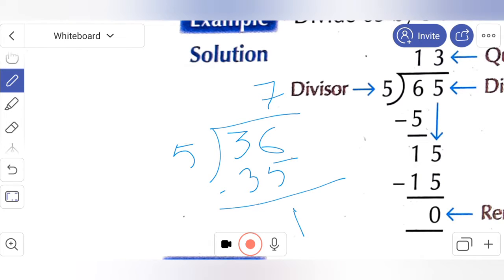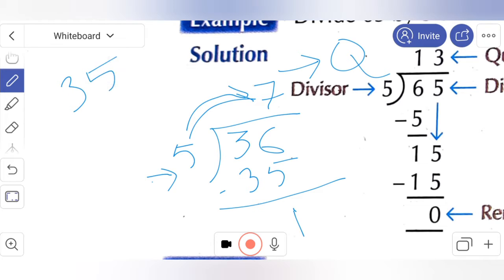So now you see 5 and 7. We are multiplying. So this is the divisor. Yes. This is the quotient. And now you see 5 into 7 is 35. And we got the remainder 1.